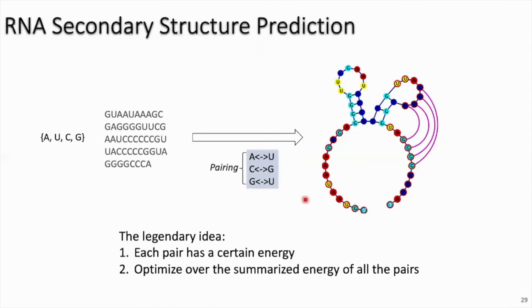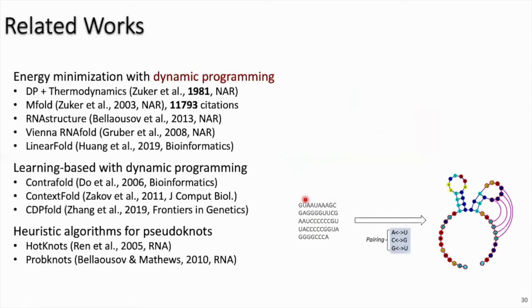So does this remind you of a specific algorithm in computer science? Yes, exactly, dynamic programming. So people have been applying dynamic programming on this problem for about 40 years. The most famous method in the field, which has been cited more than 10,000 times, is also based on dynamic programming.